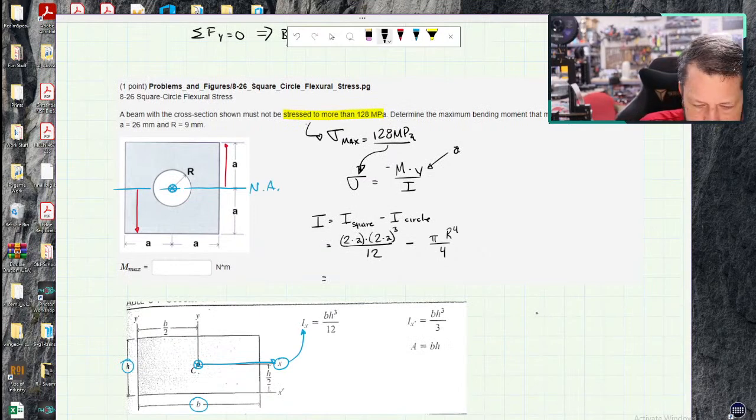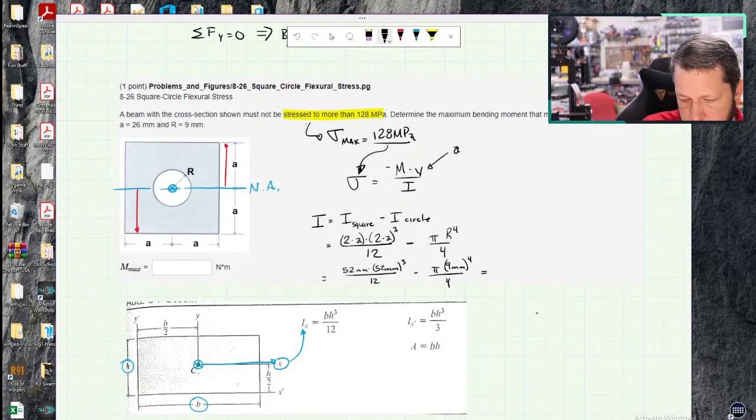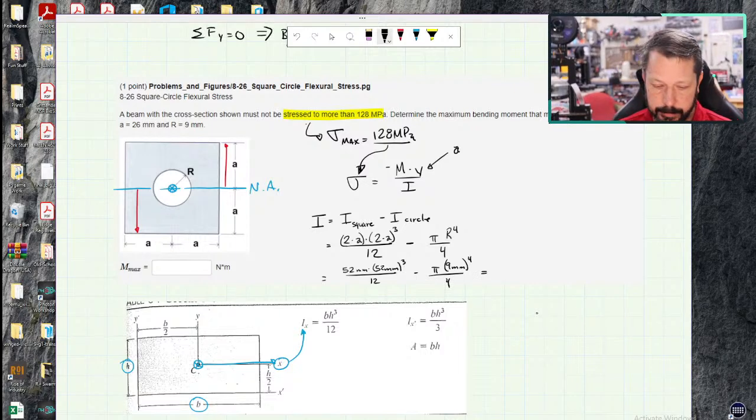So our numbers equal 2a, so 52 millimeters times 52 millimeters cubed over 12, minus pi, r is 9 millimeters to the fourth, over 4. See what that equals.